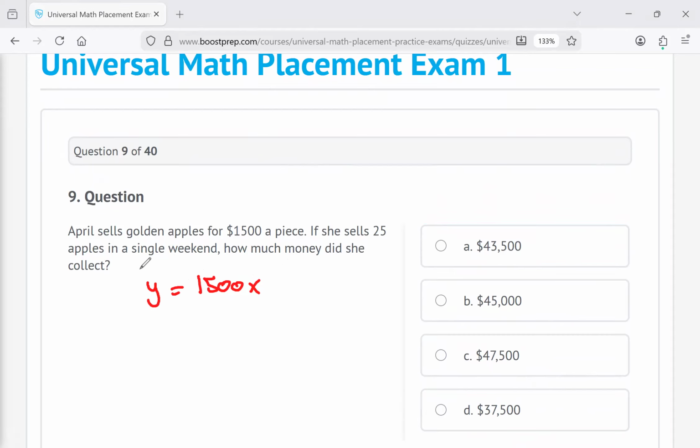So it is technically the form of y equals mx plus b. The only difference is our b is 0. We don't have a starting point. And our m is 1,500. And then what is our x? The amount of apples.